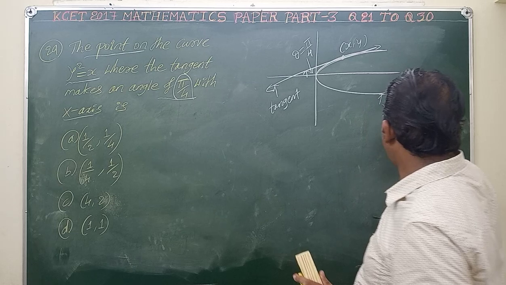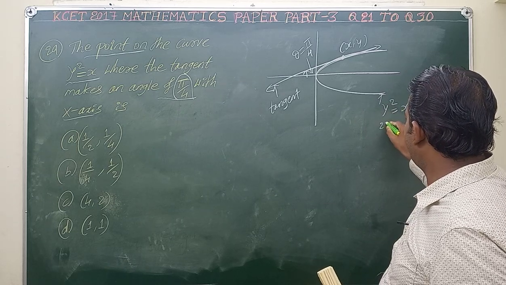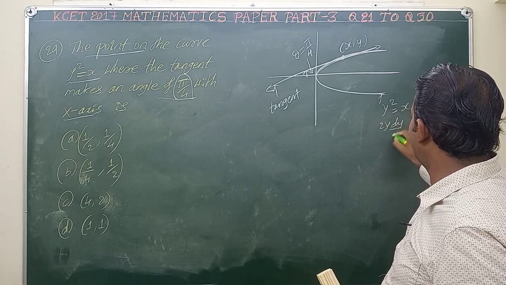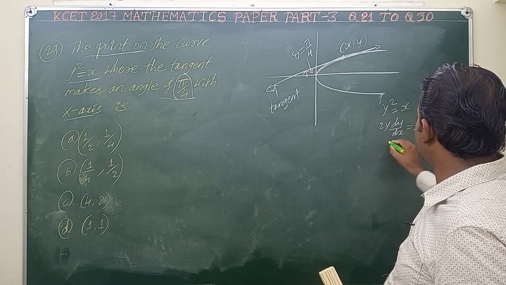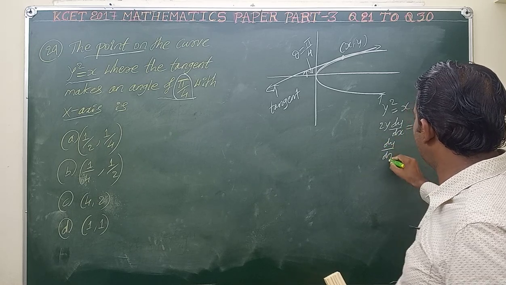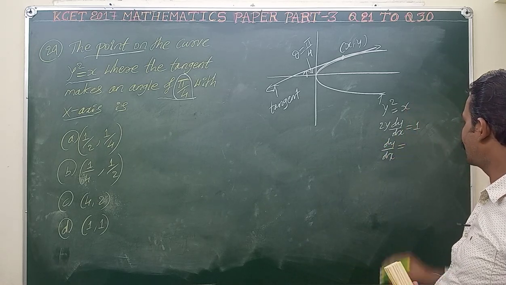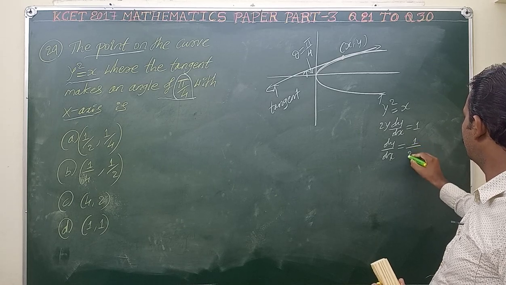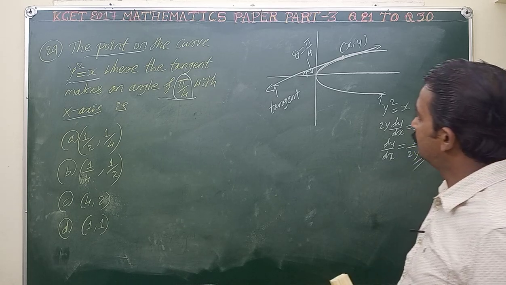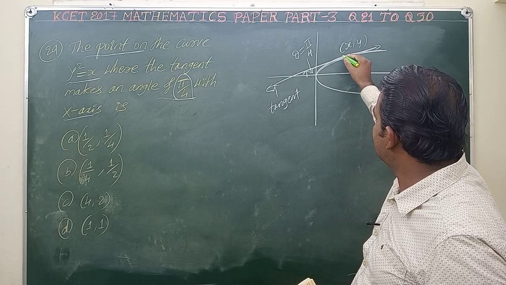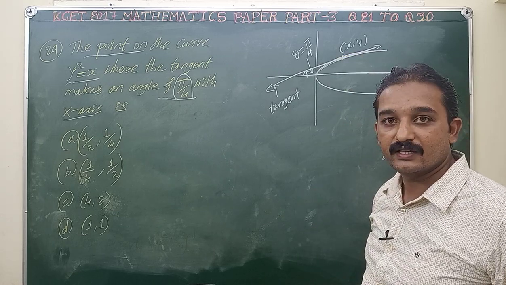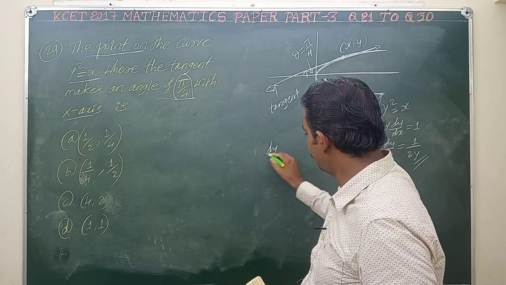So we need a differentiation of this function: 2y into dy by dx is equal to 1. So now dy by dx is equal to what? In this case 1 divided by 2y. According to the second year, the slope of the tangent is dy by dx.